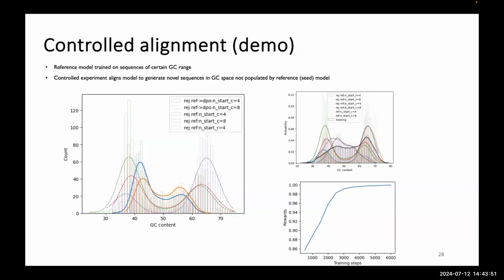There's no way that model, no matter how well you prompted it, would be able to generate sequences in this valley. And that's why you have a valley there. Then, if you now expose the model to sequences in the 40 to 60 range via the alignment mechanism, after reasonable convergence, your aligned model should be able to start generating sequences that fill the valley. That was the control experiment idea here.